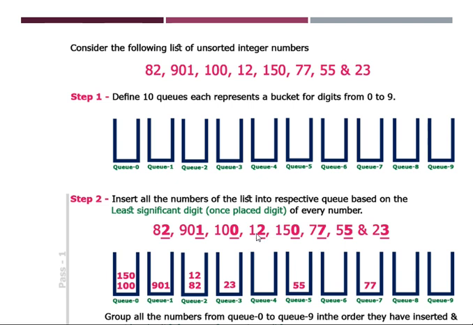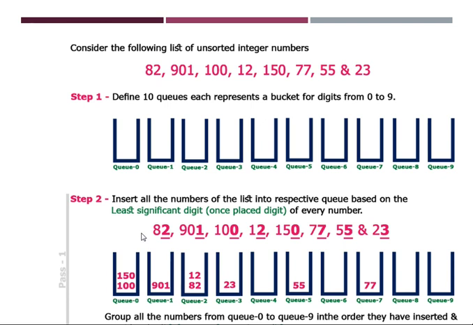Then comes 12. 2 is the last digit, hence this 12 goes to Q2. Then we have 100, which goes to Q0 again. This 901 goes to Q1, and 82 also goes to Q2.